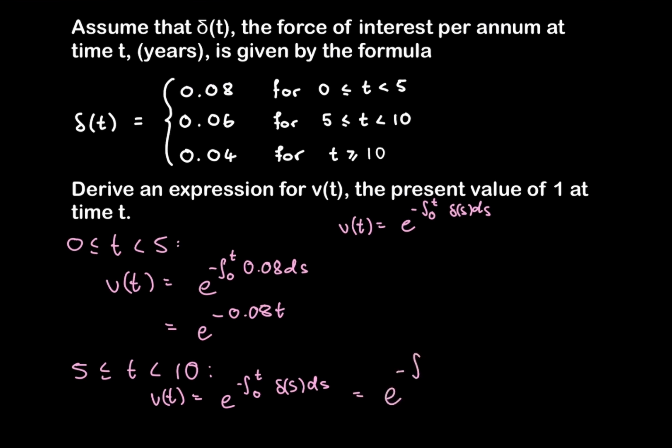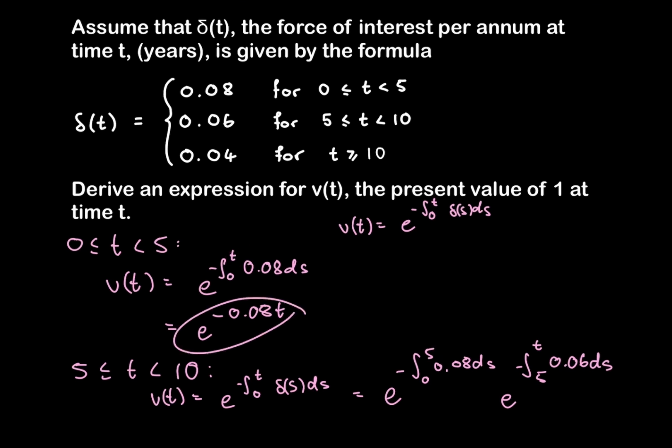So we have the integral from 0 to 5 first of 0.08, and then we have the integral from 5 to t of 0.06. Okay, and this you should recognize is the exact same as that, except now t is 5.